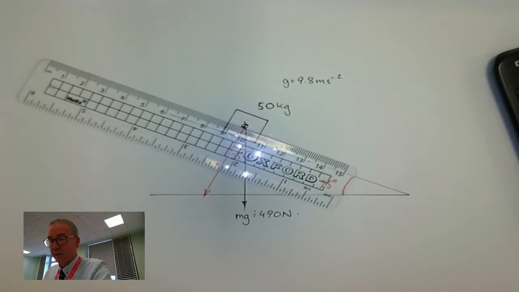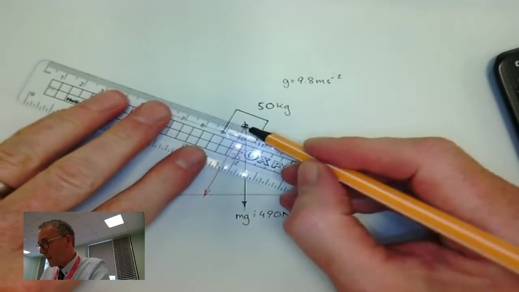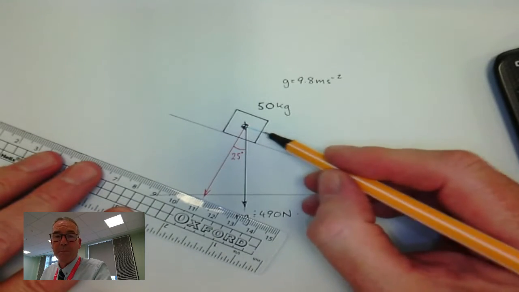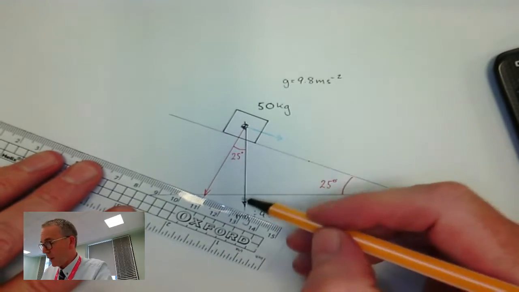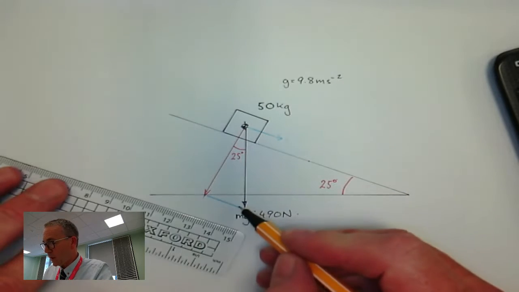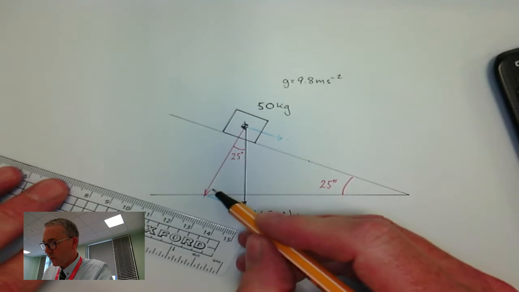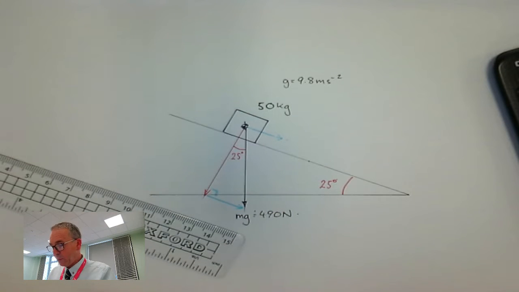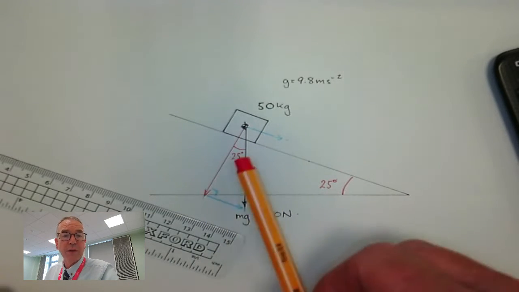I'm going to use a slightly different colour. The block is sliding down the slope, and the magnitude of this force is this calculation here. We're starting to form a right angle triangle, as you can see, and therefore we can apply the trigonometric ratios that we learned about earlier and deduce the size or magnitude of these forces.